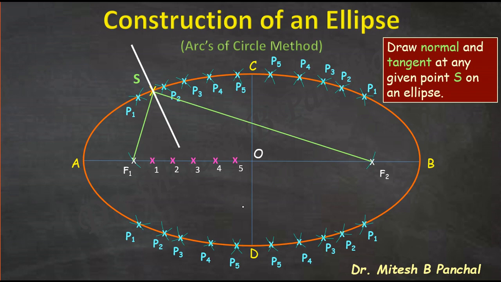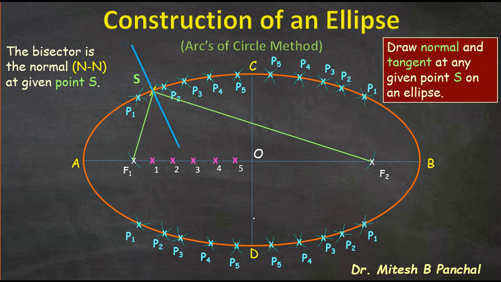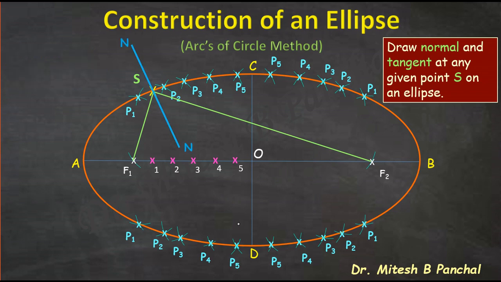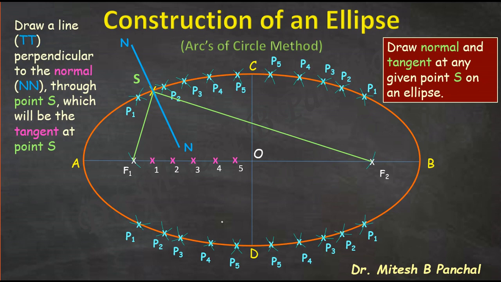This bisector is nothing but the normal NN at the given point S. Now to draw a tangent at point S, draw a line TT perpendicular to the normal NN through point S, which will give you the tangent at point S. So this is the procedure of the construction of an ellipse by the arcs of circle method, and also to draw a normal and tangent at any given point S on the ellipse.